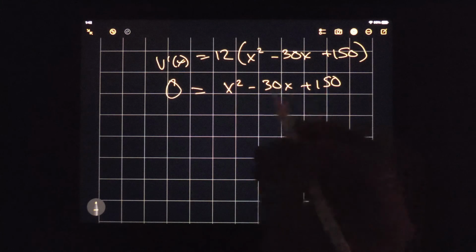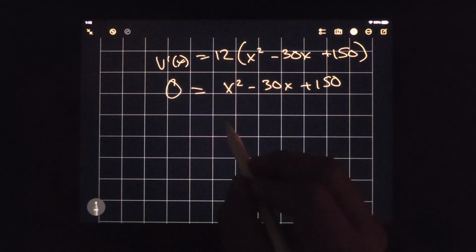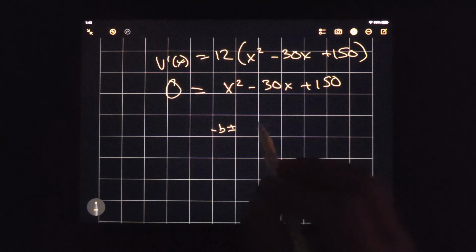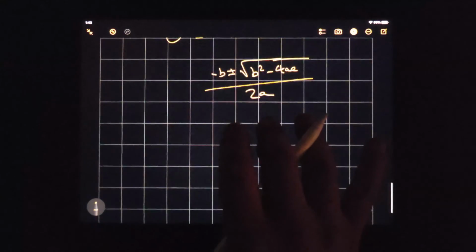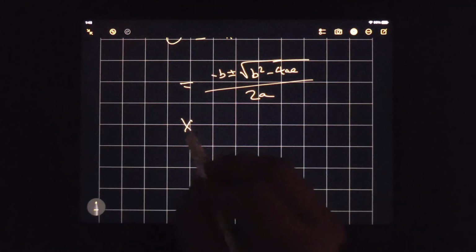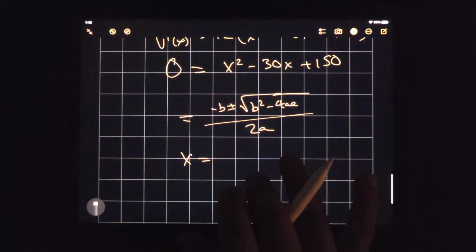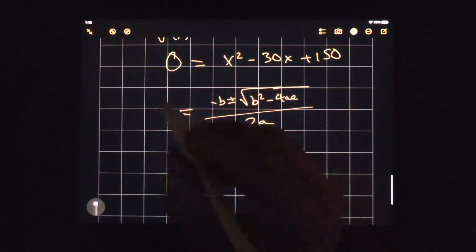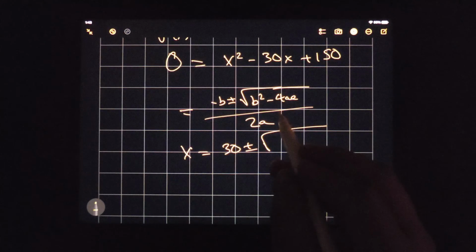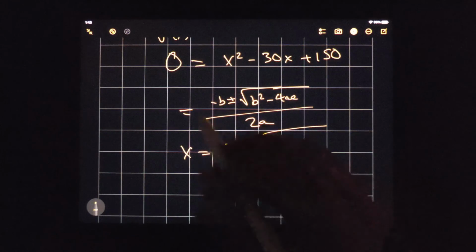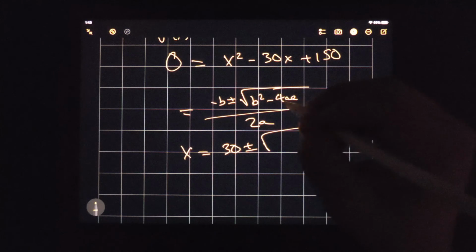I need to find the zeros for this. So if you remember our old formula, we're going to use our quadratic formula, negative b plus or minus the square root of b squared, so 900 minus 4 times 1 times 150.